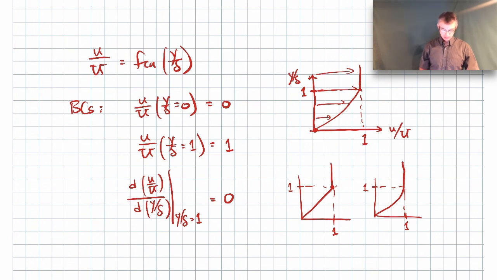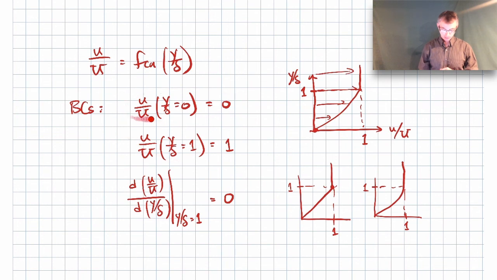Okay, and then you could continue this idea. You could look at the curvature, which would be the second derivative rather than the first derivative, and so on and so forth. The more complex your function is, the more additional boundary conditions you can have that do a better job of matching to the outer flow velocity. So just to recap, when you write down your empirical expression for the velocity profile in the boundary layer, you just need to make sure you satisfy at least these two boundary conditions.